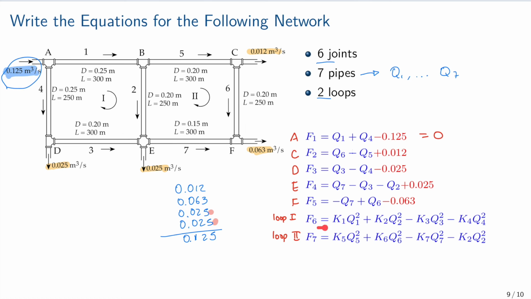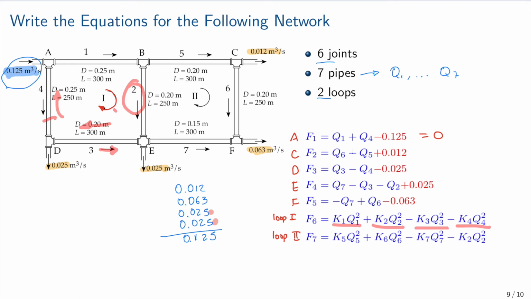Let's take loop 1. For loop 1, remember we are assuming the clockwise direction, and pipe 1 is in the same direction as the loop, so it's positive. 2 is in the same direction, so it's positive. 3 is in the opposite direction, so it's negative, and 4 is in the opposite direction, so it's negative.